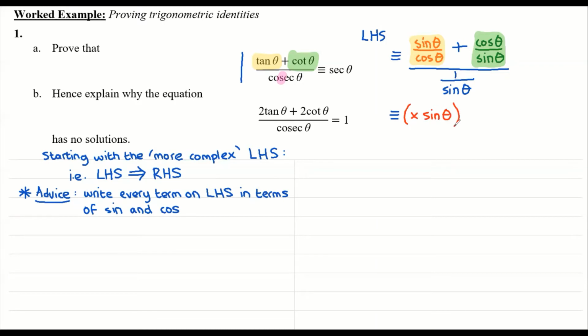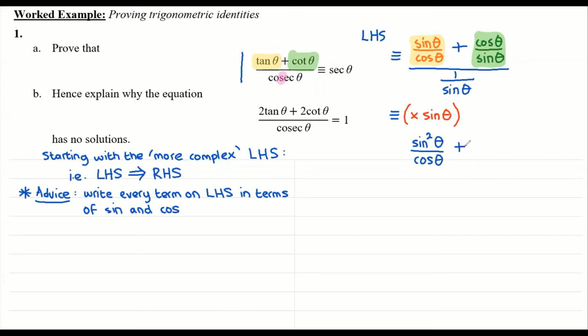Now, when we do that, what's going to happen? Well, the numerator on the top left-hand fraction is going to become sine squared theta over cos theta. All right, that's multiplying that by sine theta.